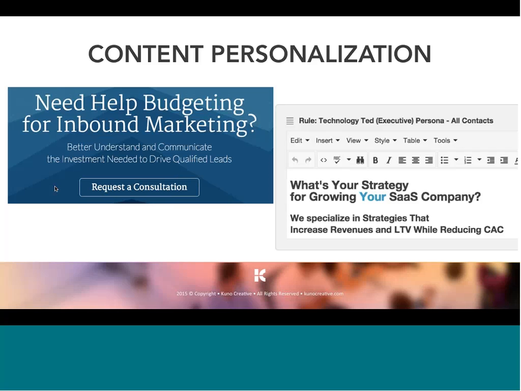When you come to our homepage, normally you might see what's on the left here, a generic message about needing help with your inbound marketing. If you're a SaaS persona, Technology Ted, on the right is what you'd actually see the next time you come back after you convert. So we're following up with you, giving you real-time information that you haven't seen before.